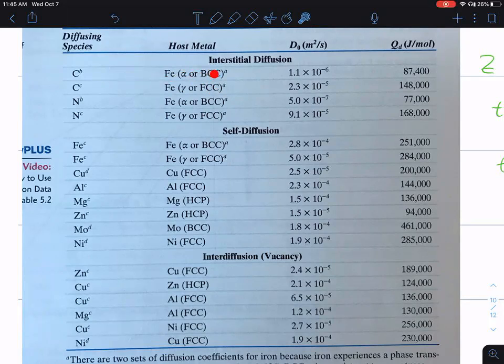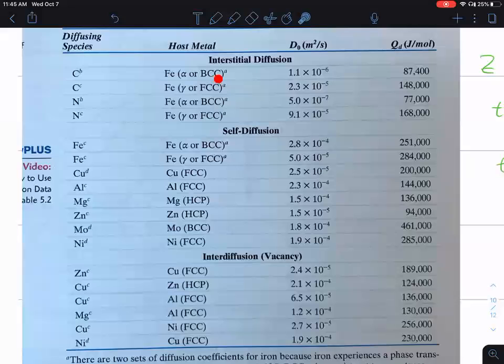Iron can be in different crystal structures, BCC or FCC. Now you can see how crystal structure can affect the diffusion coefficient, because when you look at the value under D naught, when we have FCC structure, the D naught value is 2.3 times 10 to the negative fifth.